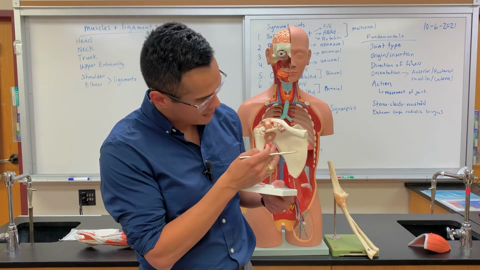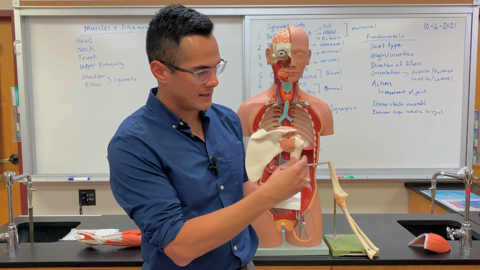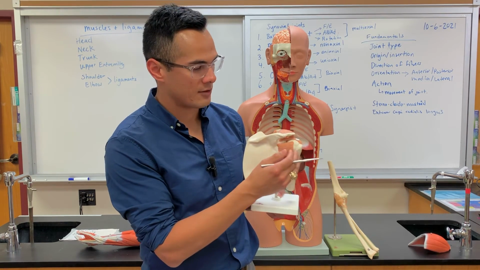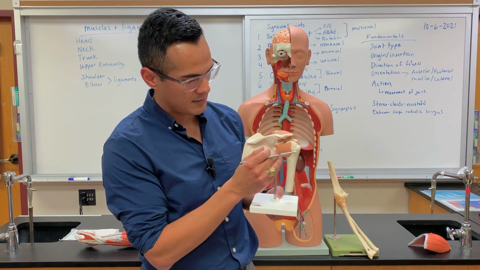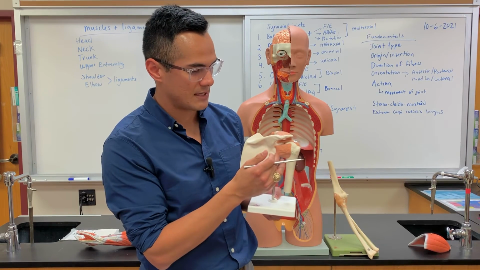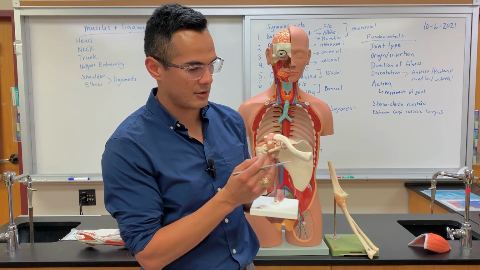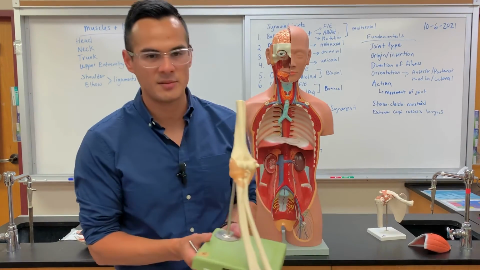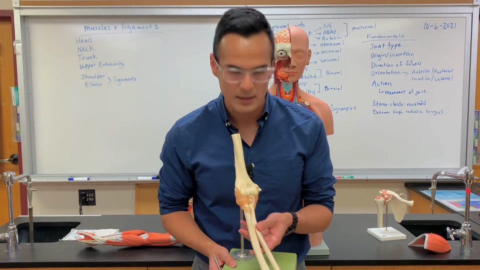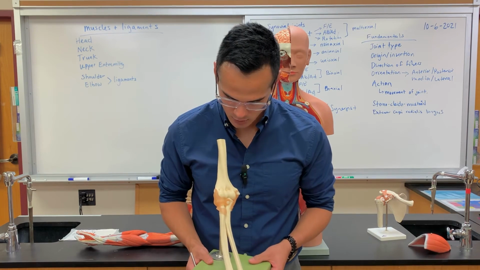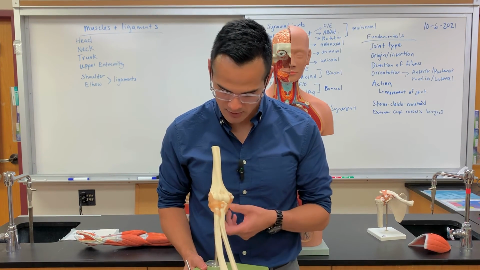And then the last 2, you have this one in the front and this one in the back. So they're going from the glenoid cavity to the humerus, so it's the posterior glenohumeral ligament, and this is the anterior glenohumeral ligament. The ligaments here in the elbow. So the first thing I do, what am I looking at?